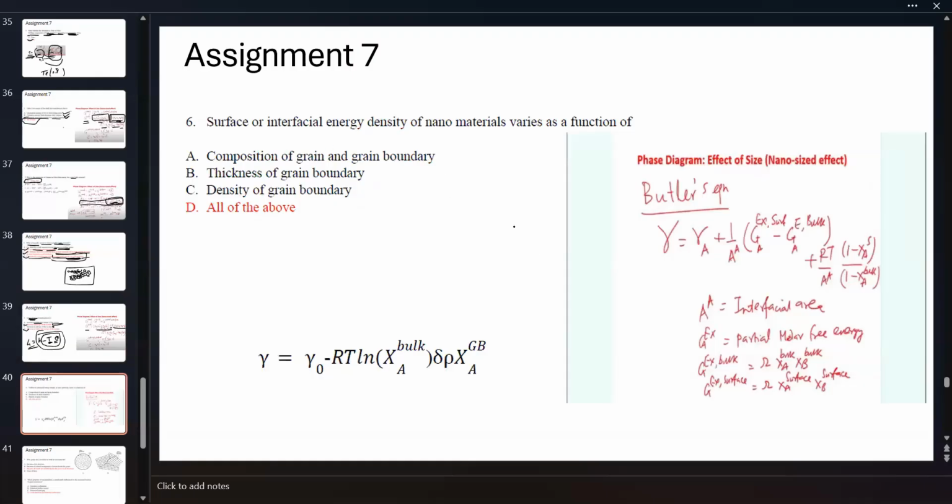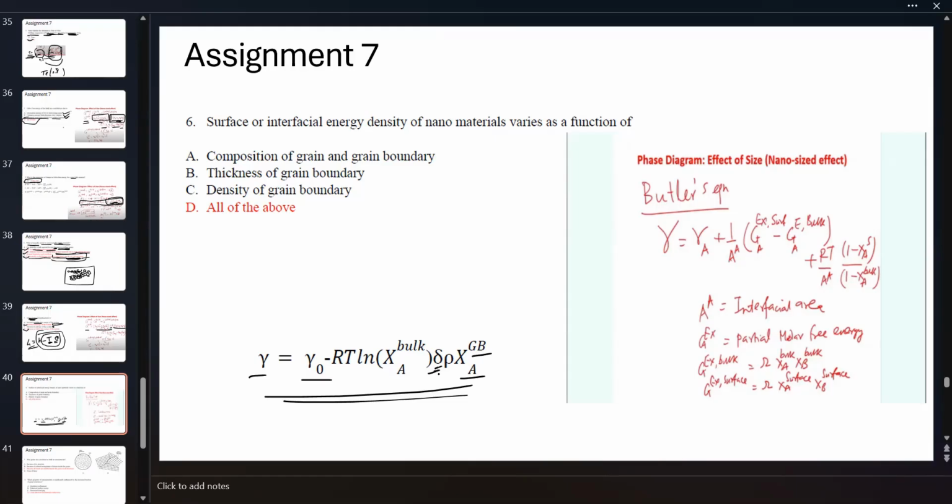Surface or interfacial energy density of nanomaterial varies as a function of what? If you remember this equation, the interfacial energy for nanomaterial is the interfacial energy for bulk times RT ln xA, the concentration of bulk and your grain boundary concentration.